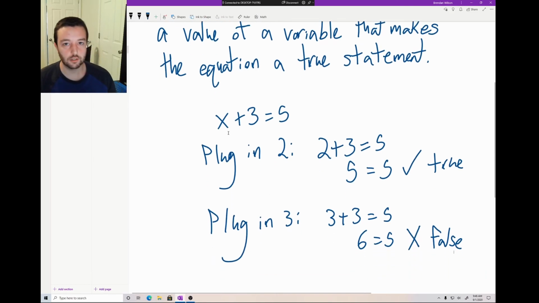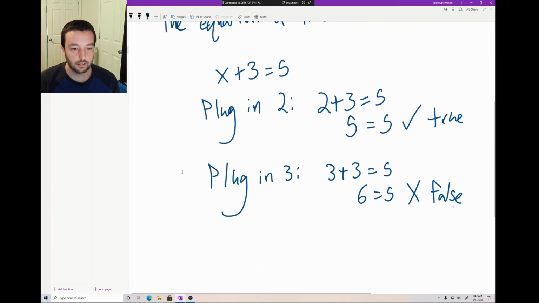Can we have more than one solution? Well, in this equation, no, right? There's only one number that's going to work. How do we really know that, though? Well, it's hard to really say for sure in this case. We just really have to use what we know about addition. So I guess a better question would be, what is an instance where there is more than one answer?